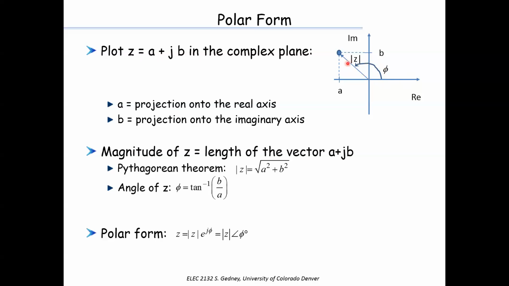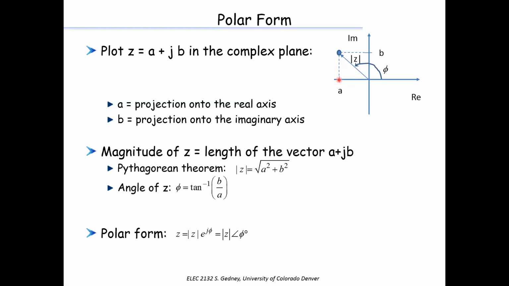But here I'm going to write it as a magnitude and phase. The magnitude of z, written as the straight lines around z, refers to the magnitude of the complex number, and phi is the angle off the positive real axis. If I look here, this forms a triangle along the vertical and the horizontal, with the hypotenuse being the vector. And the height of the triangle is b, the imaginary piece.